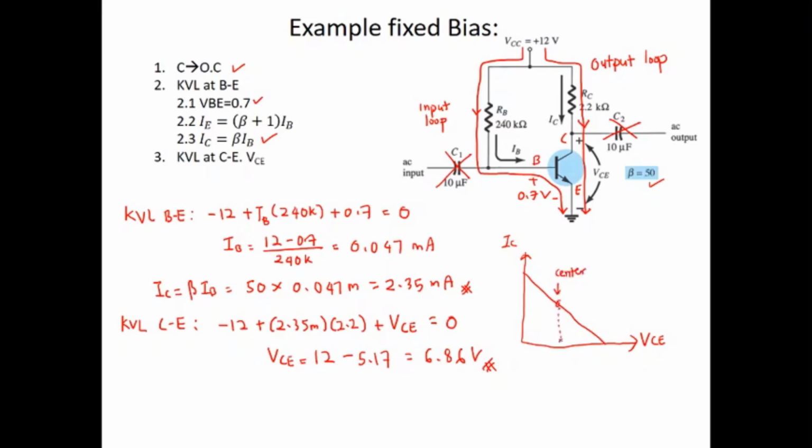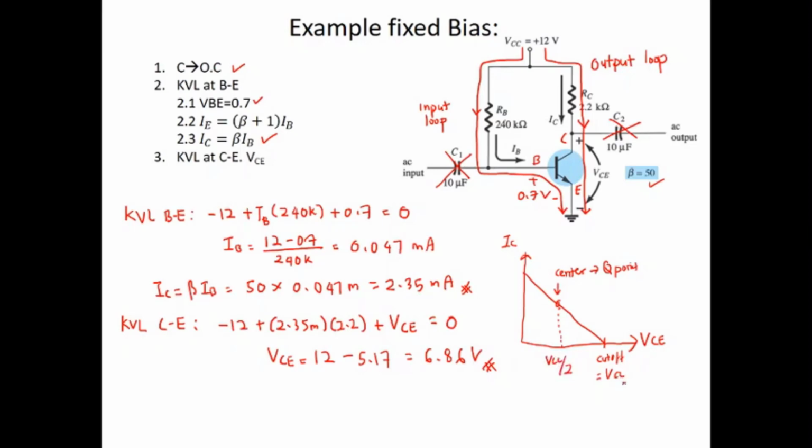This point is called the cutoff, equal to VCC, so 12 volt. So ideally we want the Q point at the center, which means it should be half of the VCC.